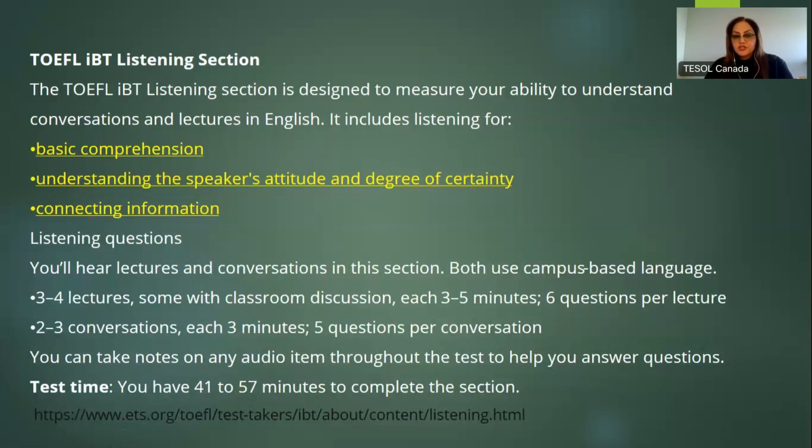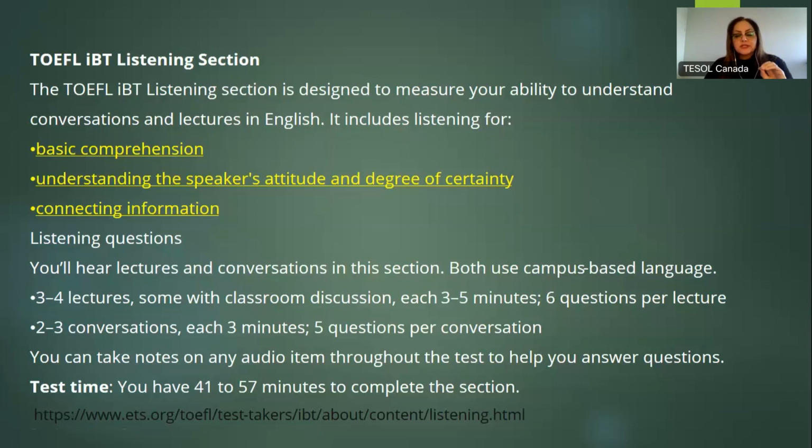In the iBT listening section, it's designed to measure your ability to understand conversations and lectures in English. So it includes basic comprehension, understanding the speaker's attitude and degree of certainty, and connecting information. You hear lectures and conversations in this section, and both use campus-based language: 3 to 4 lectures, some with classroom discussion.